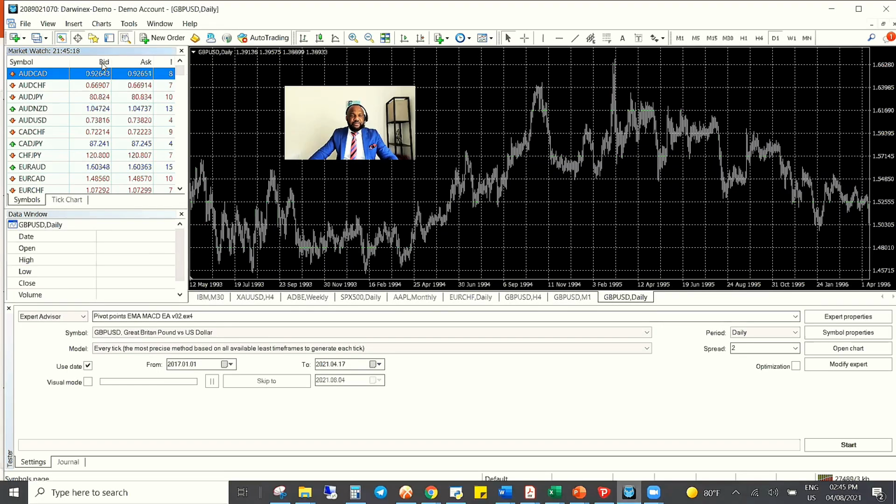So you can see bid and ask, bid and ask, bid and ask. Bid means at this moment, this is changing by the second, this is the selling price, the price the broker wants to sell AUD to you. Whereas the ask price is the price the broker wants to buy.